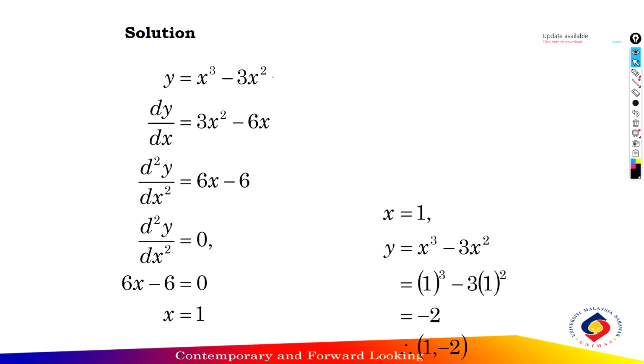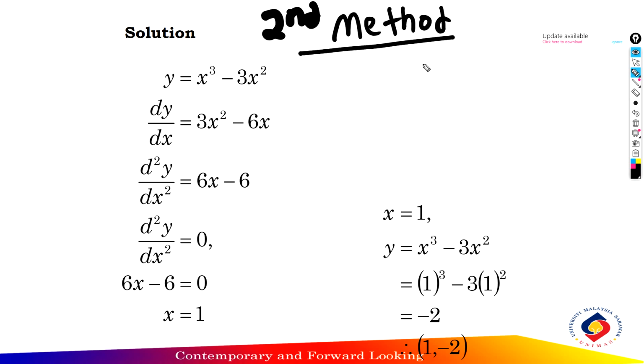Okay, so this one, the second method to find the inflection point. First, the cubic function y equals x cubed minus 3x squared.